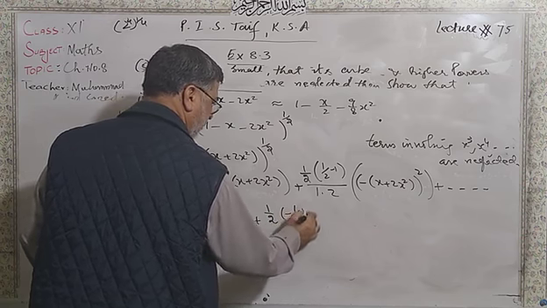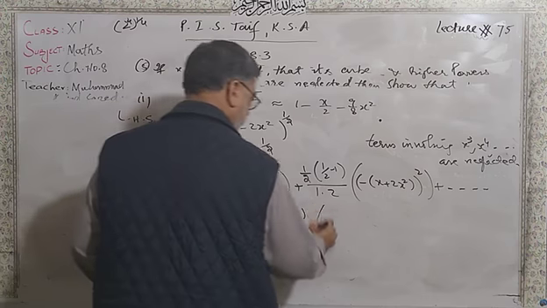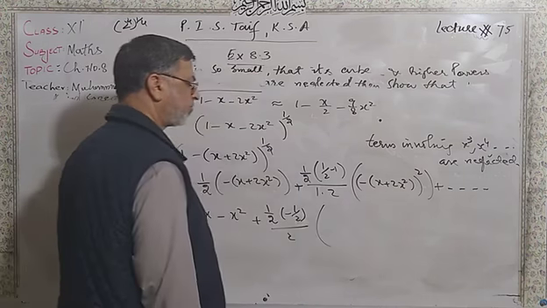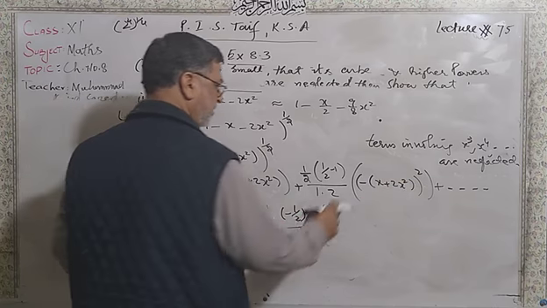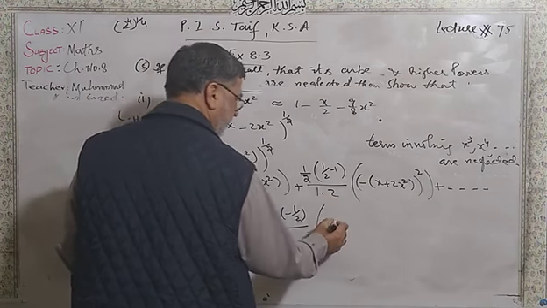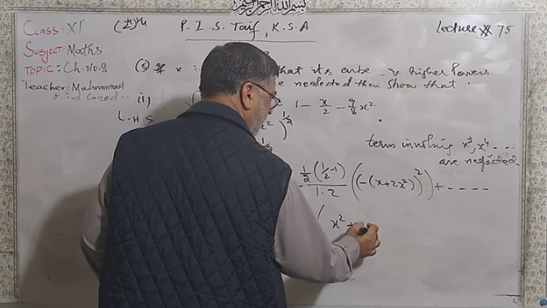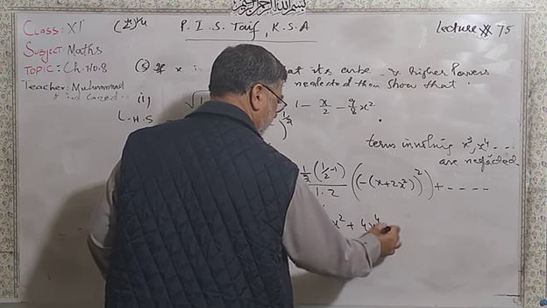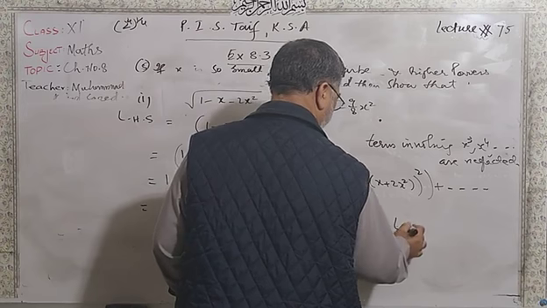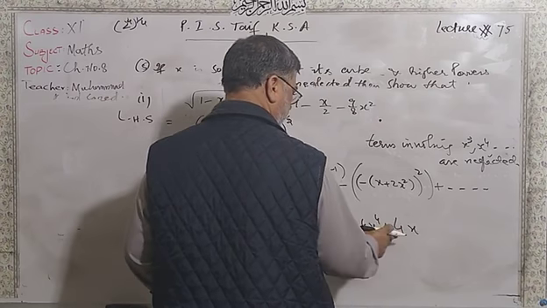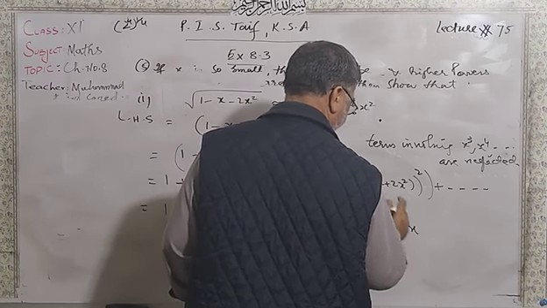Half minus 1 is minus 1 over 2 over 2. Here is x square. What is x square here? Square will make it positive. First square plus second square plus 2 into first into second.